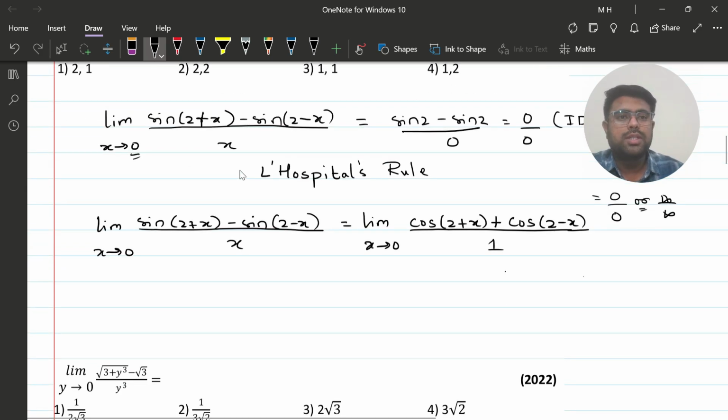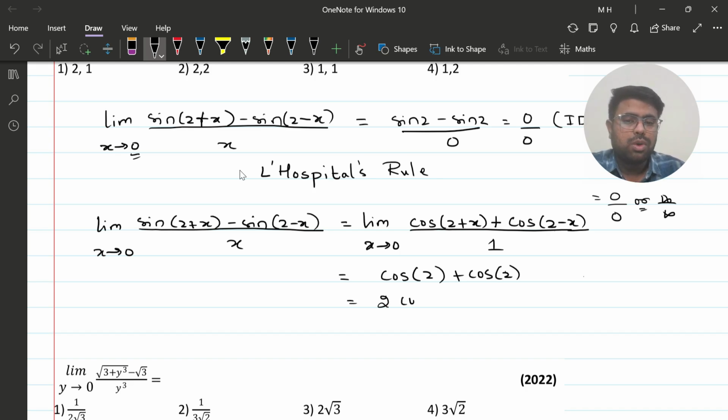If I substitute x equal to 0, what am I going to get? I'll get cos 2 plus 0, which is cos 2, plus again cos 2, divided by 1, it doesn't really matter. Cos 2 plus cos 2 is 2 cos 2, which is not equal to 0 by 0 or infinity by infinity, of course.